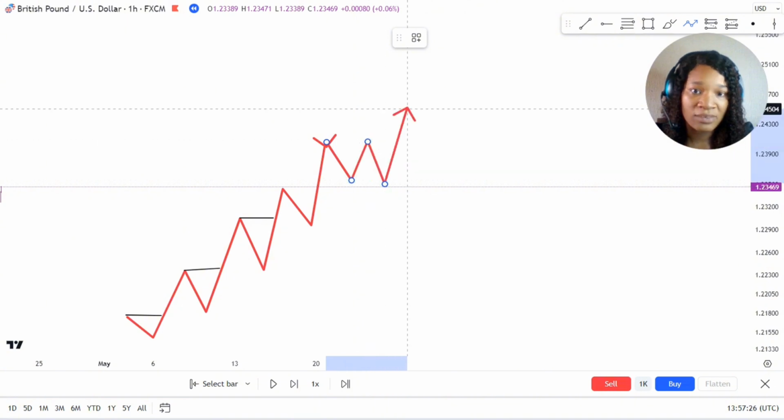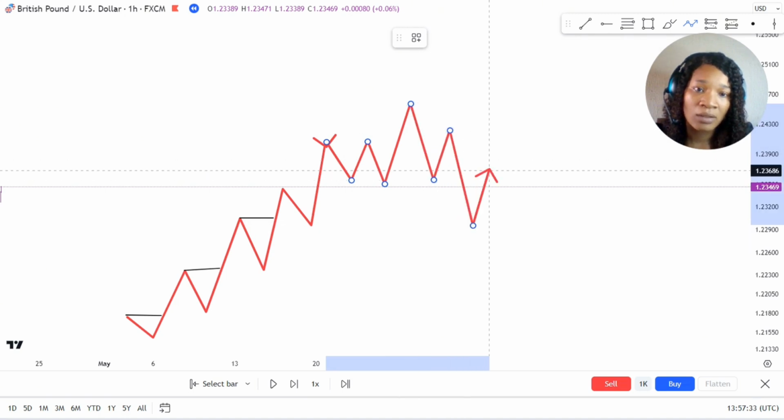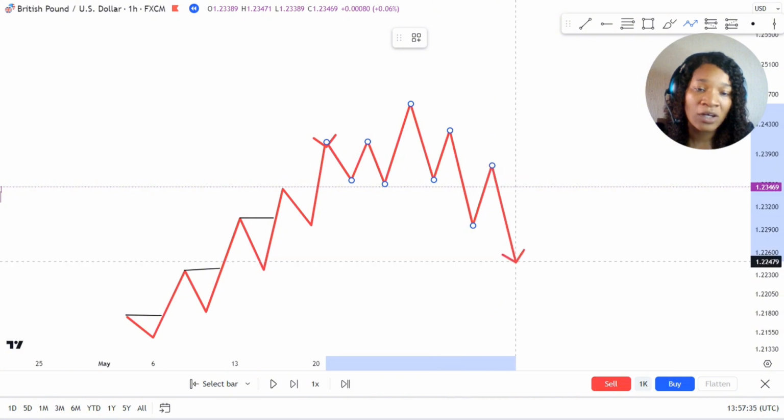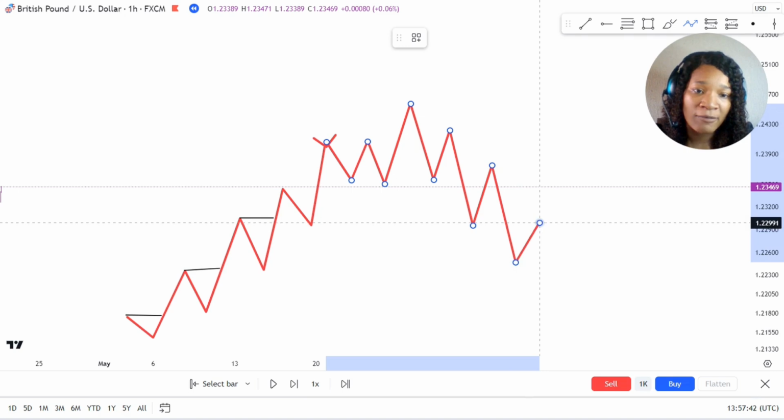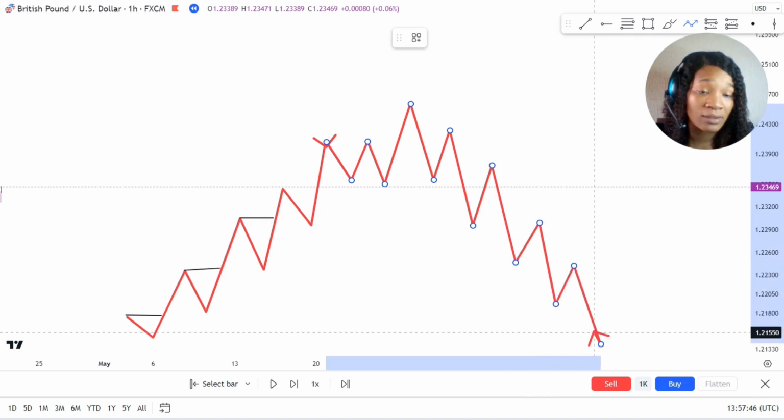Maybe it can also give this type of movement, then come back. And then it becomes easier for the market to sell, harder for you to buy.